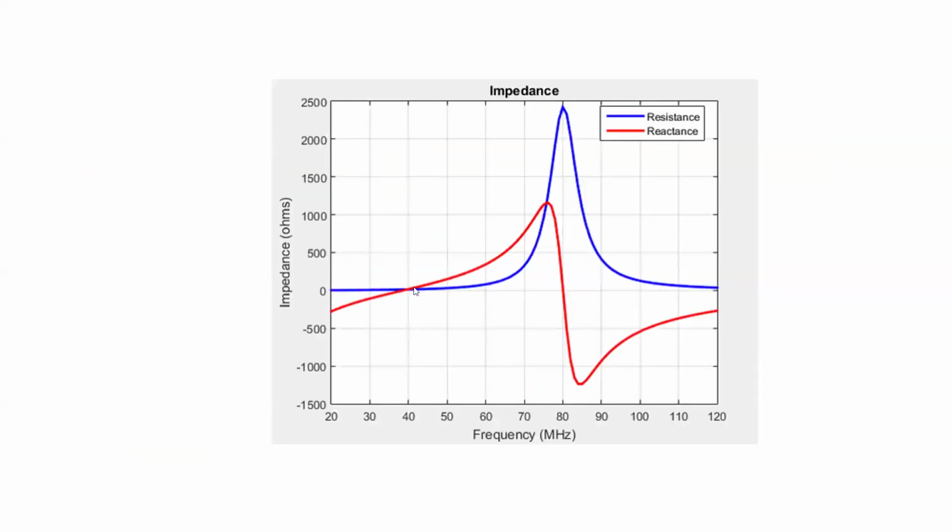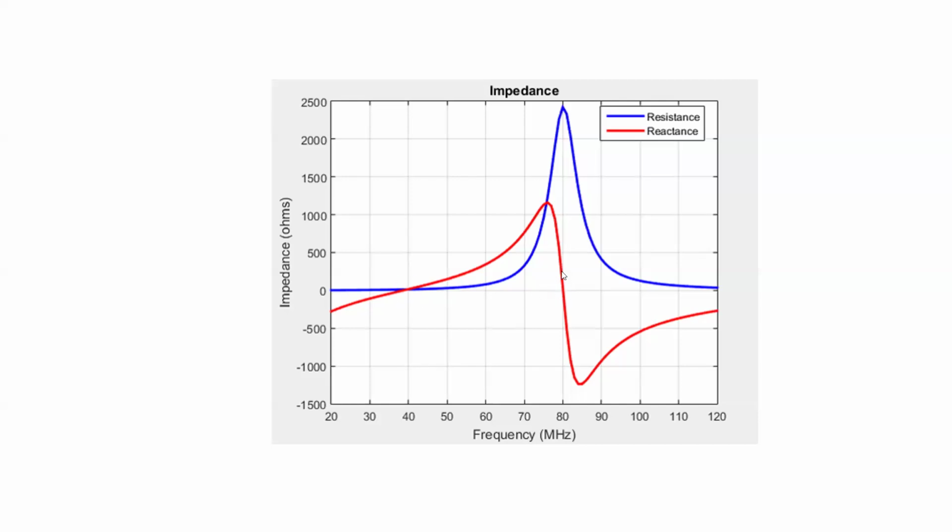So let's say my transmission line or coaxial cable is 50 ohms, then the operation regime somewhere here, where reactance is 0 and resistance is small, maybe a few tenths, will be matched. So the antenna will be most effective in the area around here.